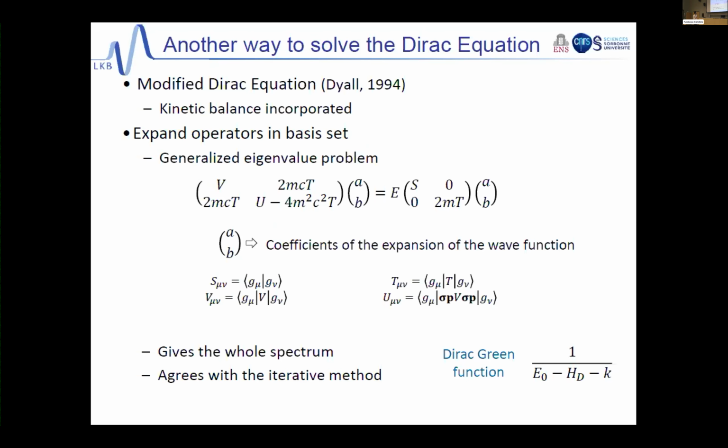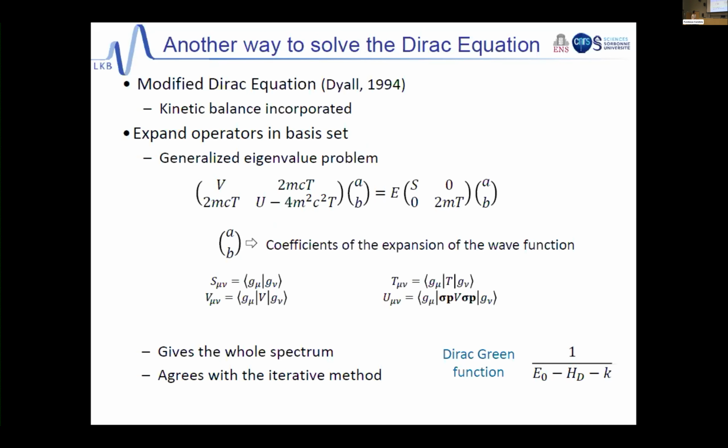To do this, we expand operators in a basis set, and we solve a generalized eigenvalue problem. So here, A and B are the coefficients of the expansion of the wave function that we're going to solve for. And each one of these elements of these matrices are themselves matrices. So these are blocks of matrices.